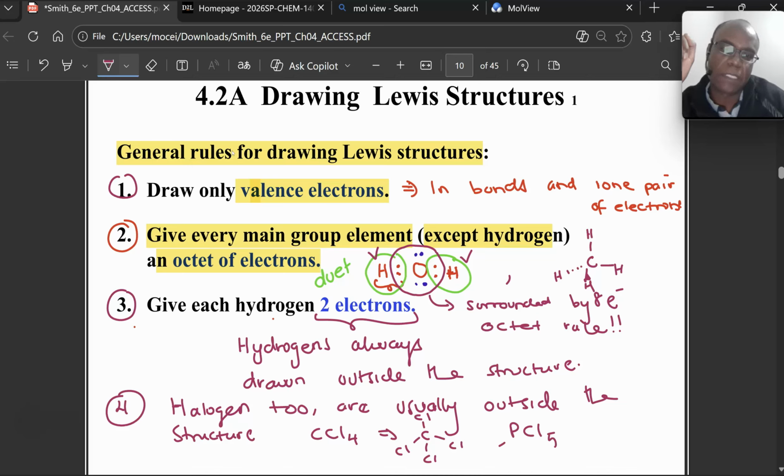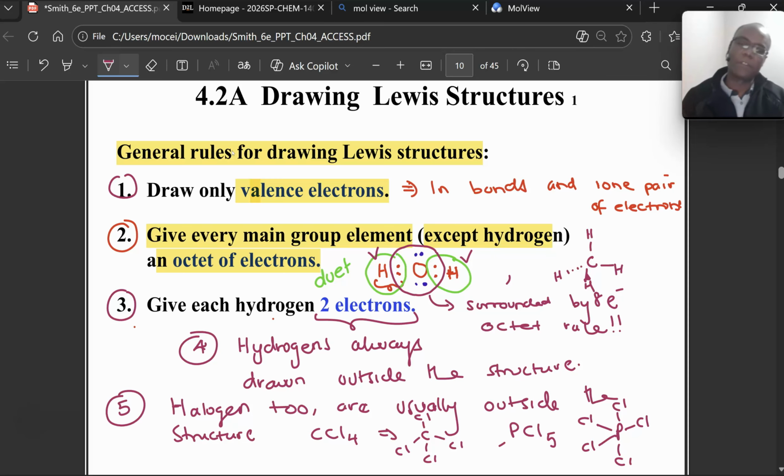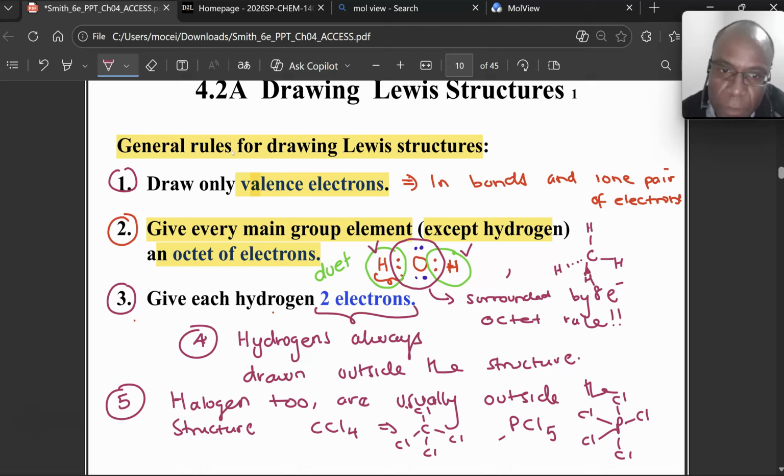If you have a structure like this, yes, the halogen, which is the chlorine, 1, 2, 3, 4, is always outside. So I've added a few rules. Maybe I should have called this rule 4 and then I'll call this rule 5. Those are the general rules I follow, other than other rules that I will show you in the process of drawing Lewis structures.